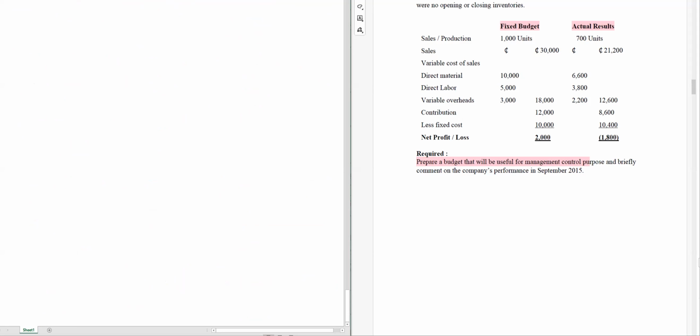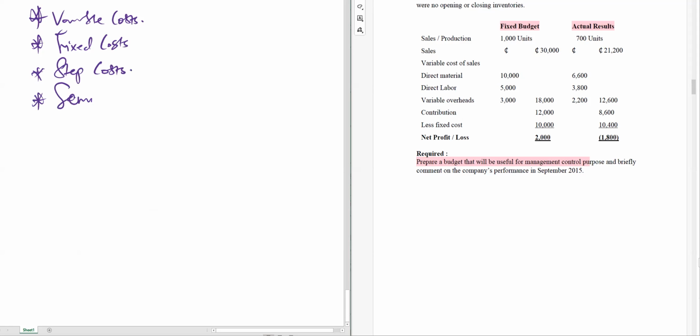Now, we said that we have variable cost, and we have been able to know much about variable cost and fixed cost. We learned about step cost and even took an illustration with electricity, right? The last one is what we call semi-variable cost, or mixed cost.